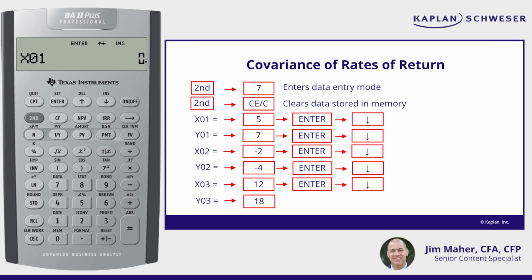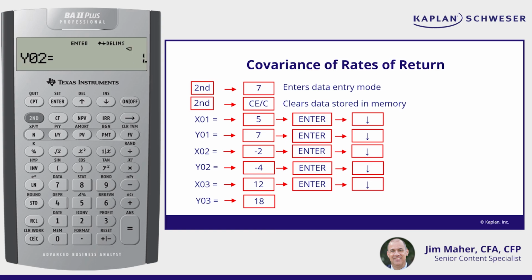We have to enter our data for our first series of X returns. So we're going to do 5, enter, and then our down arrow. Now you see we jumped to the Y variable, so you have to be really careful: you do your X for the first observation, then the Y for the first observation, which is simply 7, enter. We continue down to our second observation, 2, and use the plus-minus key to indicate negative 2, enter.